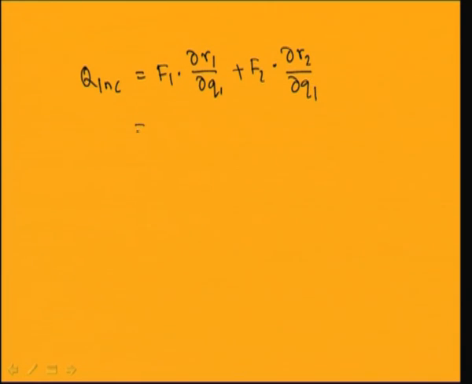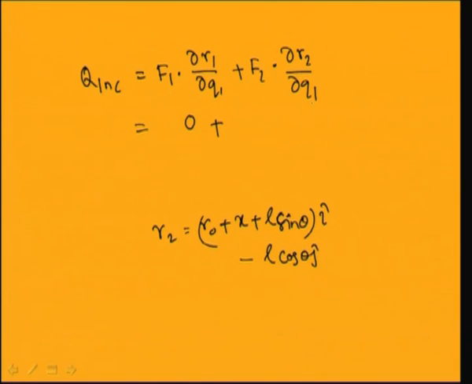As F1 equal to 0, the first part equals 0. For the second part, you already know the expression for r2, where r2 equals r0 plus x plus L sin theta i minus L cos theta j.